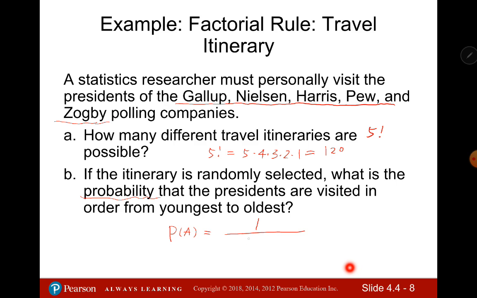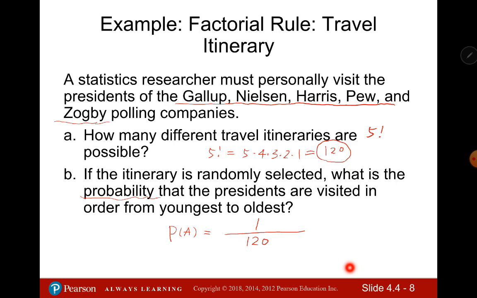And how many possible outcomes? We have 120. So it's 1 over 120. This is called a probability. 120 is how many possible outcomes, and the probability is just one case, from youngest to oldest, over the total number of cases.